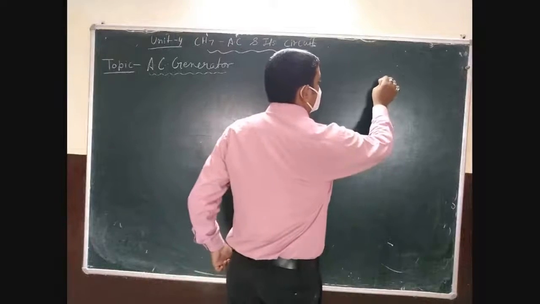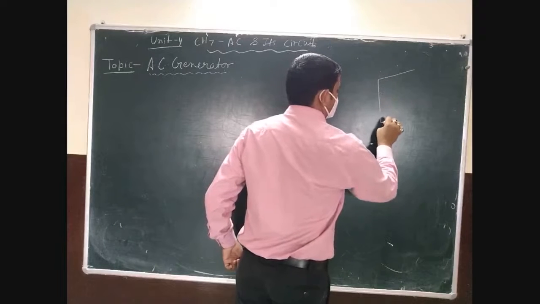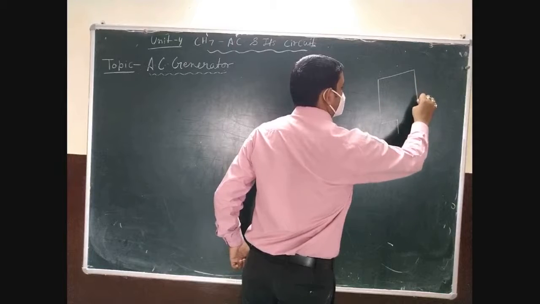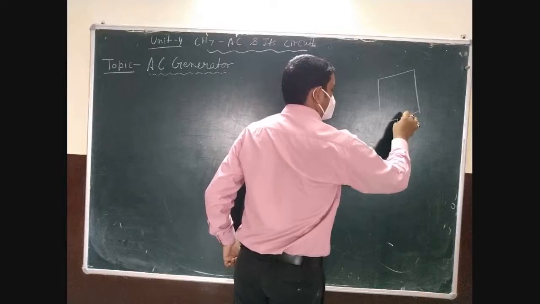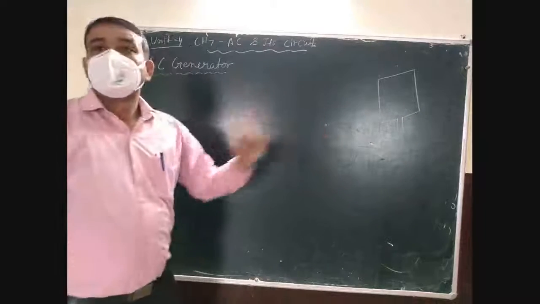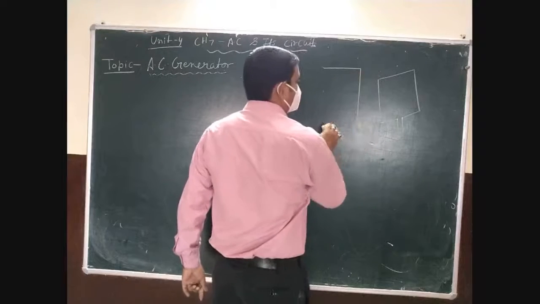Let's say we have a coil placed in between the two electromagnets.